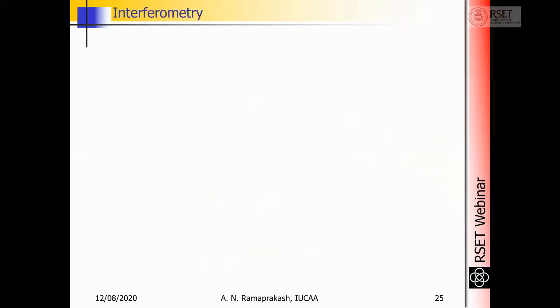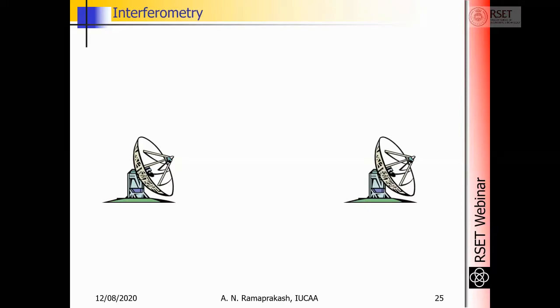Now, another solution is to go to longer wavelengths, like radio wavelengths. So if you have a radio telescope, instead of collecting optical or visible radiation, you have 2 radio antennae, which are separated by a distance d.